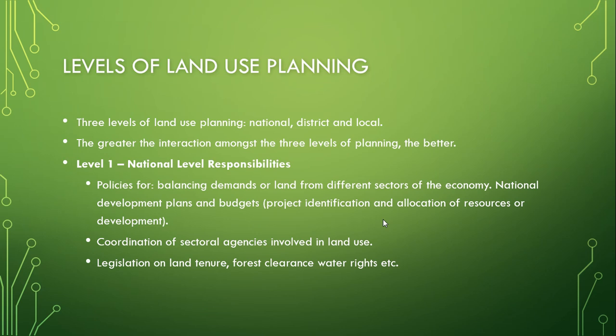Which sectors of the economy would have preference over others? It depends on the national agenda. So our national development plans and budgets developed as a result of national policies will often dictate the way in which our land resources are allocated to the different sectors of the society.